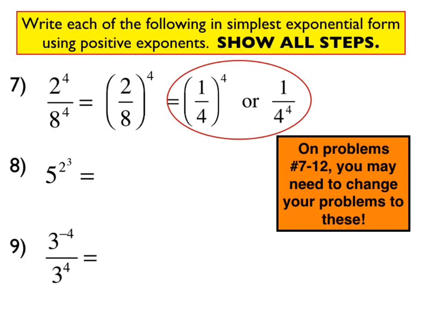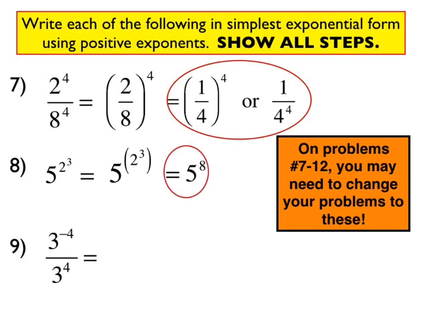And remember, in number 8, don't get this new idea mixed up with this. This is totally different than this. So don't get them mixed up. Okay? So we have to start from the top down. So we have to do 2 cubed first. 2 cubed is 8. And so that simplifies to 5 to the 8th.